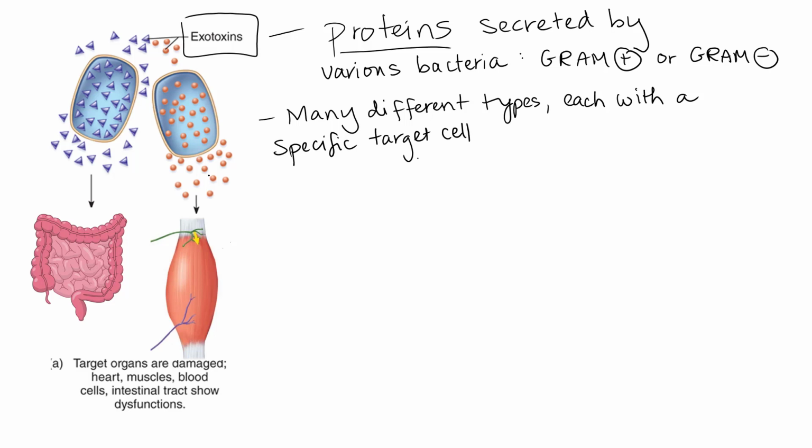So in this diagram, we're seeing the exotoxins now. They're manufactured inside because they're proteins. So they're made inside of the cytoplasm using the ribosomes of the bacteria, and then they are secreted. So they are actually released out of the cell.